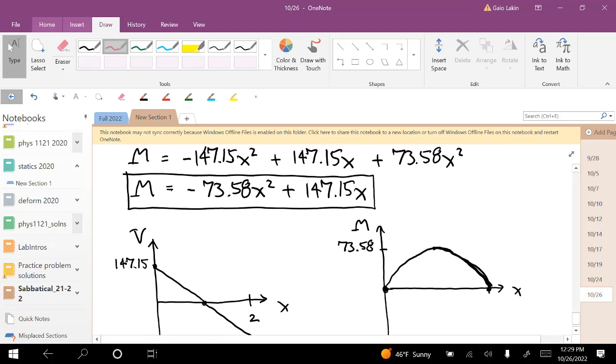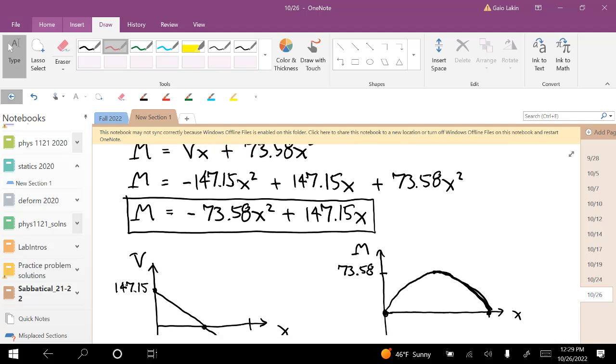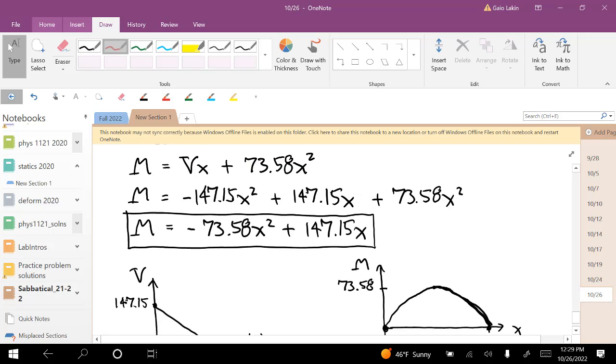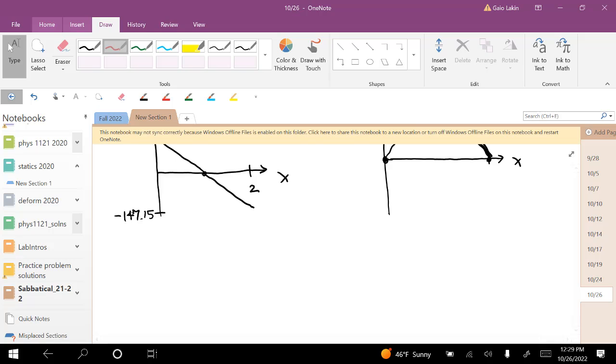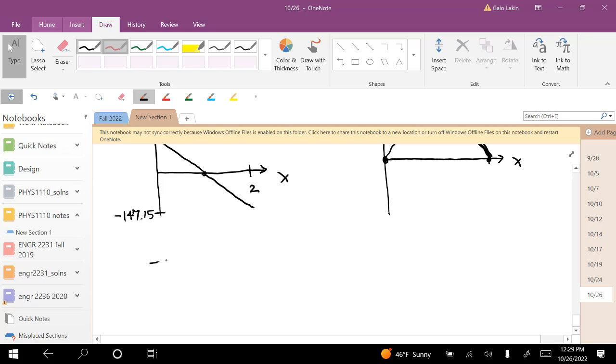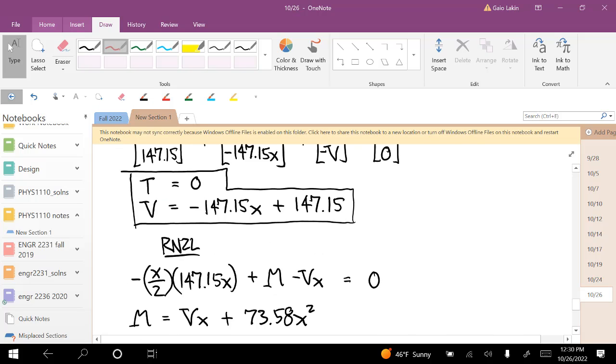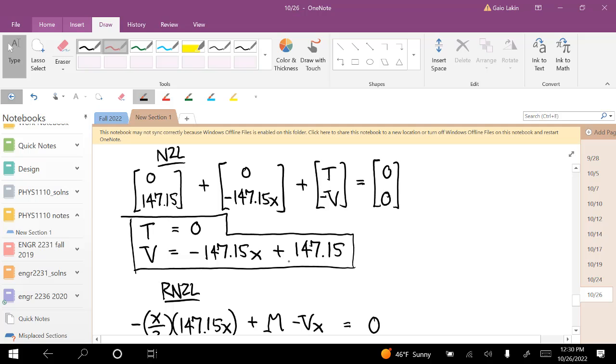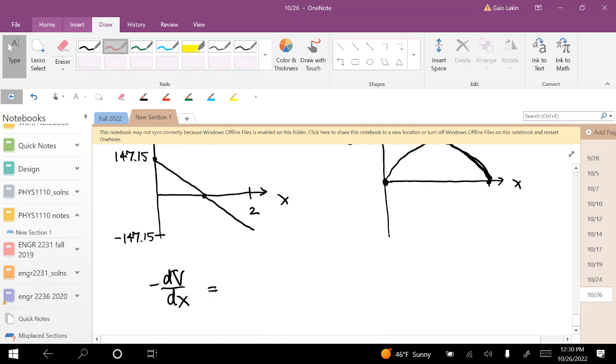One more thing. So we know that dm dx is equal to v. Look at negative dv dx. Why would you do that? I don't know. But negative dv dx is positive 147.15.